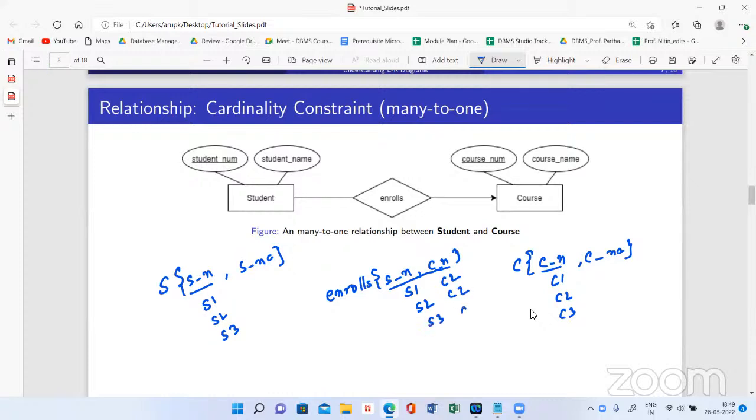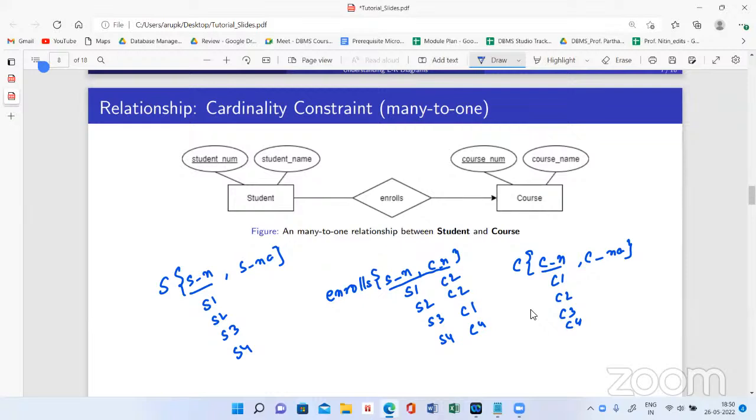S3 also only one, suppose C1. If you have more, suppose S4, S4 also can have at most one course, so it could be C4. So the course can go to the student table as a foreign key. I'm going for that.